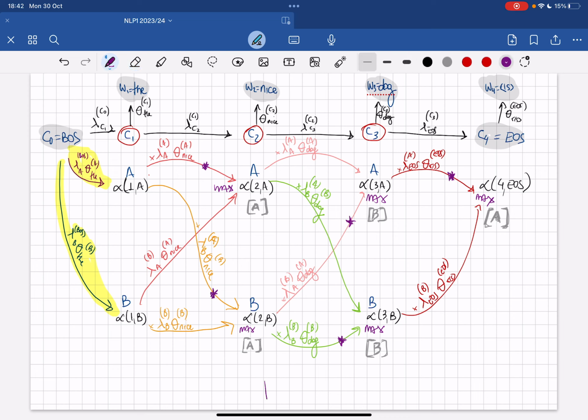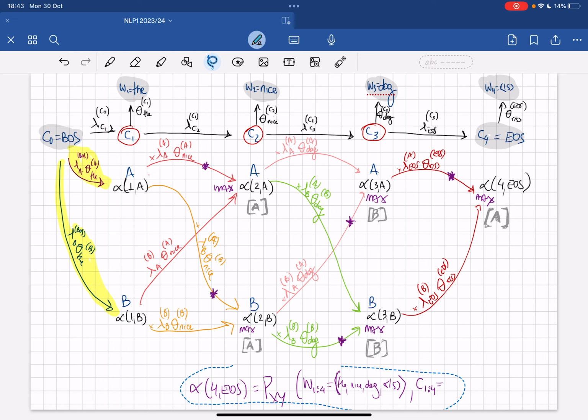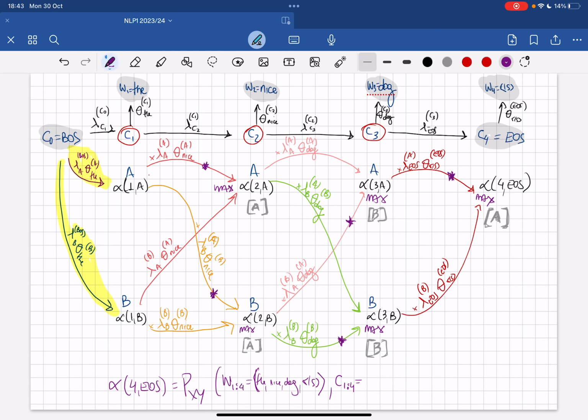We have here the probability, alpha for EOS, which is the probability of generating the nice dog end of sequence, and generating a tag sequence. And now I'm going to construct it for you, and we construct it in reverse. At the end we have an EOS. To get there, we chose an A.